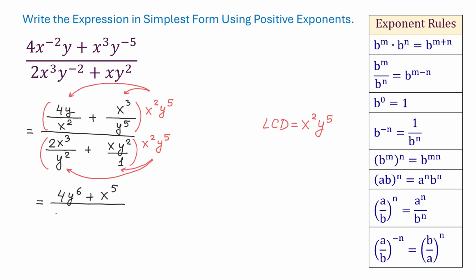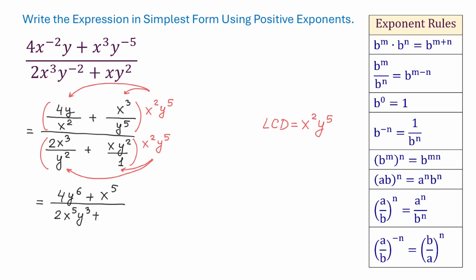And that will give us 2x to the fifth power y cubed. So again here x cubed times x to the second power is x to the fifth power, and y to the fifth power divided by y squared is y cubed.